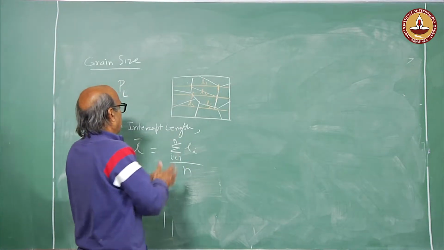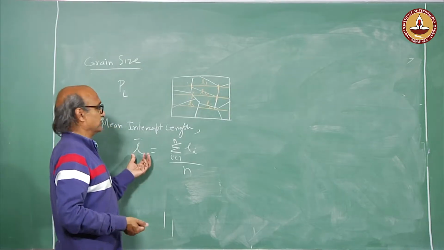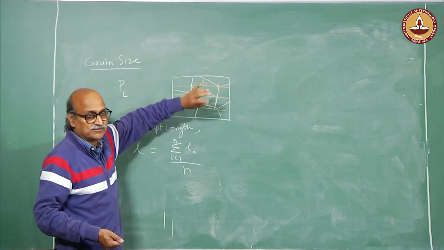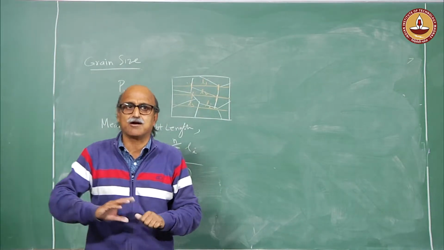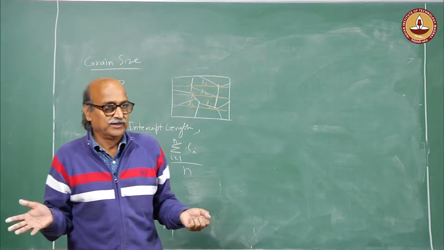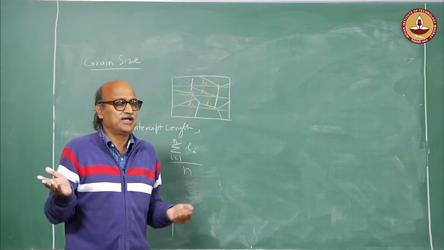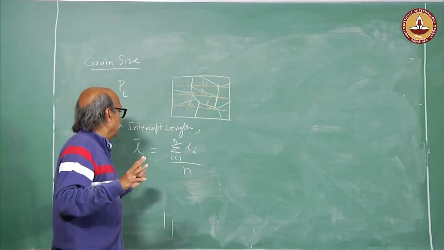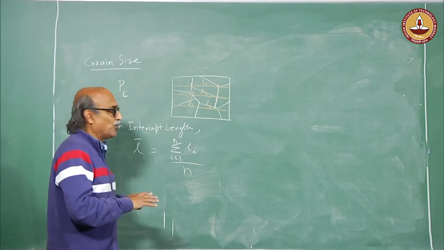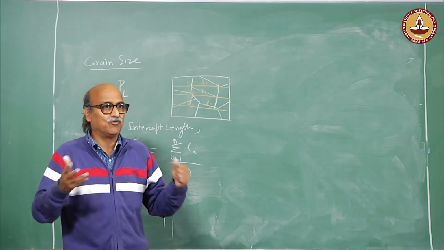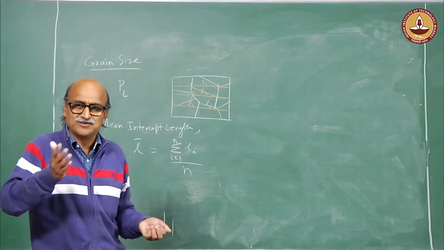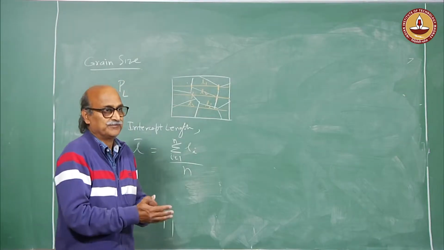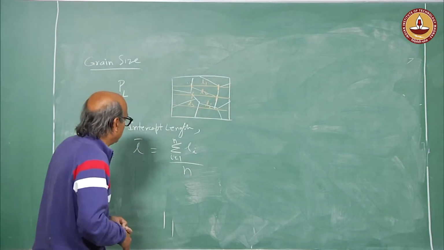Now, how do I measure this mean intercept length? Do I individually measure these lengths, or can I have a simple counting procedure? We try in stereology to always go, wherever possible, for a counting procedure, because then that is less error prone, and it is very fast to get the grain size.